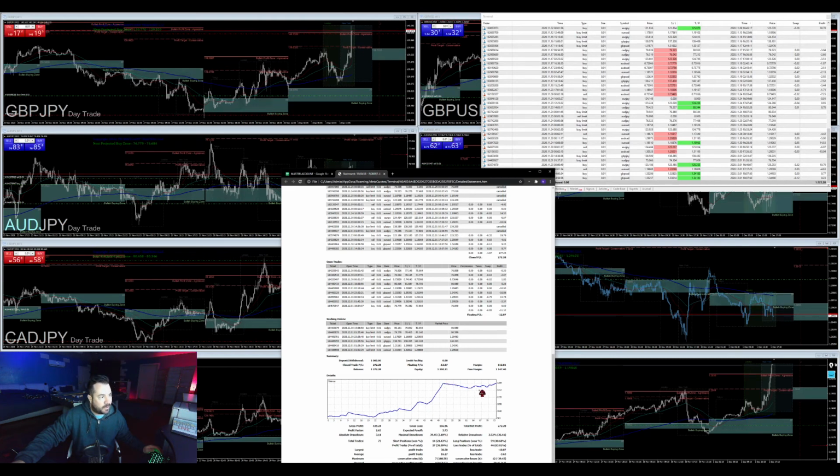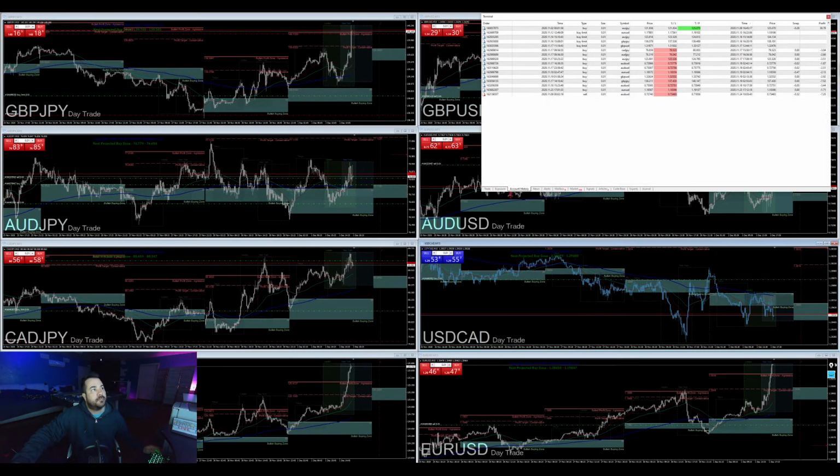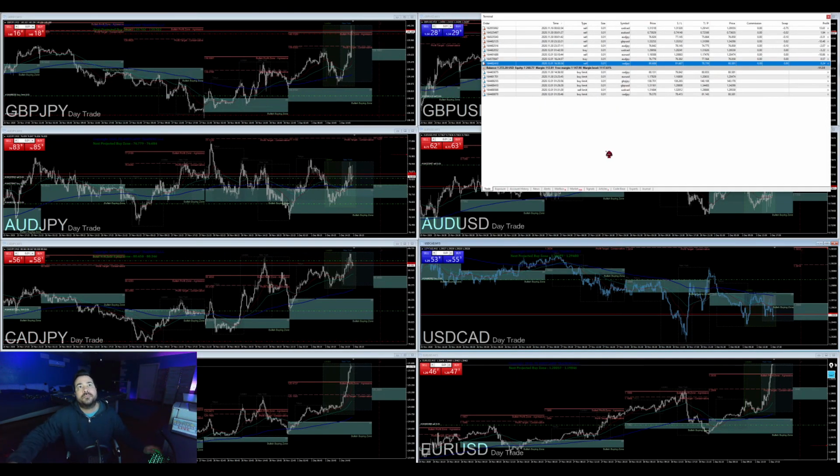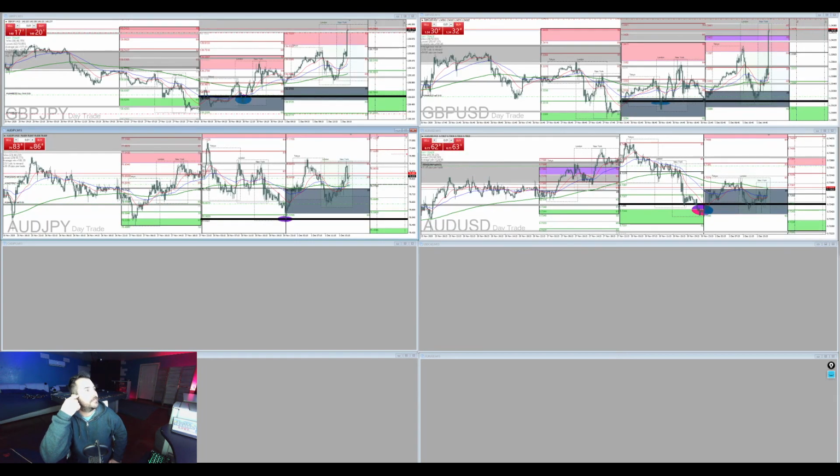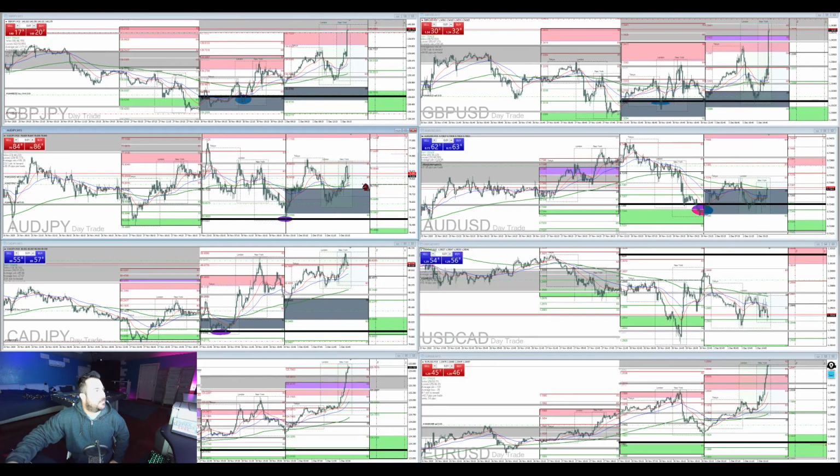So we had a little bit of a drawdown, and we're right back up there again. Let's take a look at the white day trading. Sitting a little bit of profit right now in the Aussie yen. I'm really upset I missed that trade yesterday. That would have been another nice day trade profit right there.